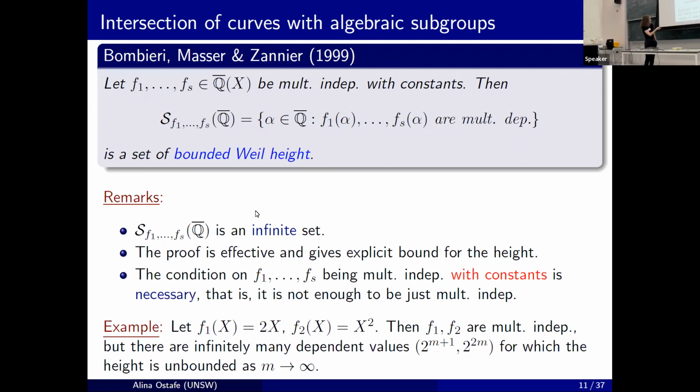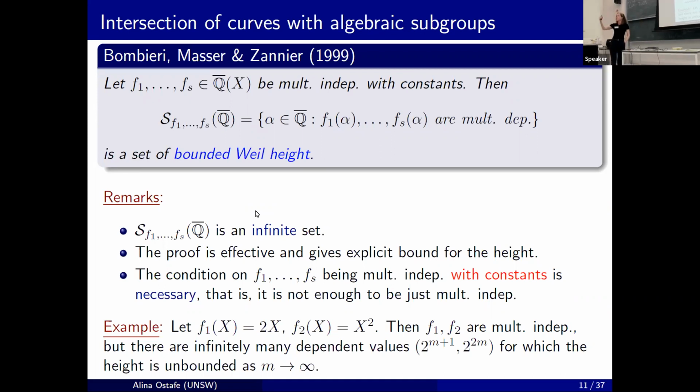And there are infinitely many dependent values for which the height goes to infinity with m. So the result is not true if you just consider that the functions are multiplicatively independent.